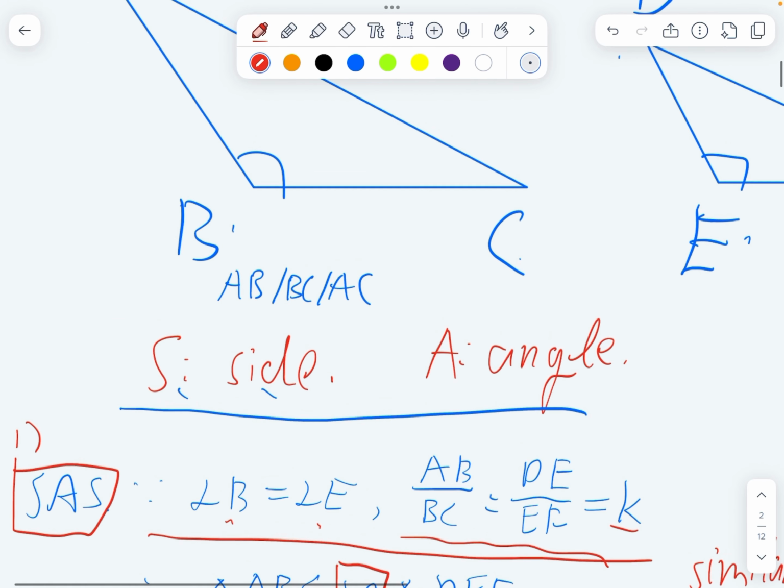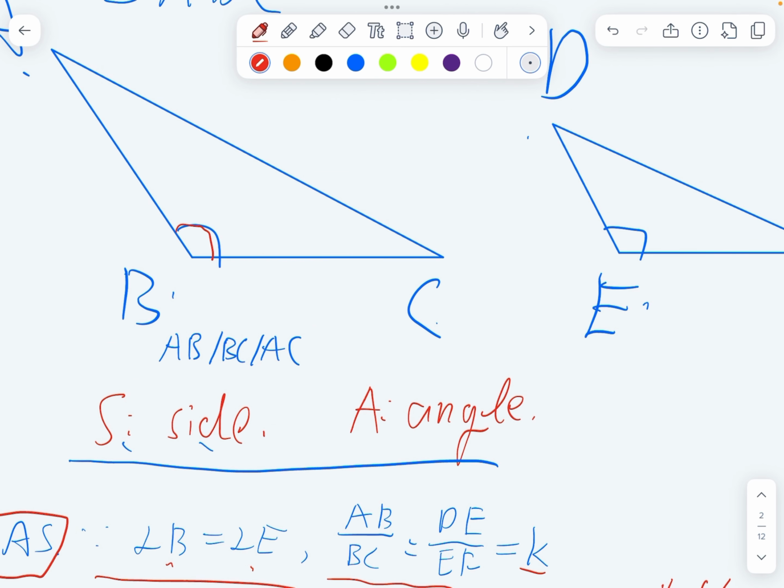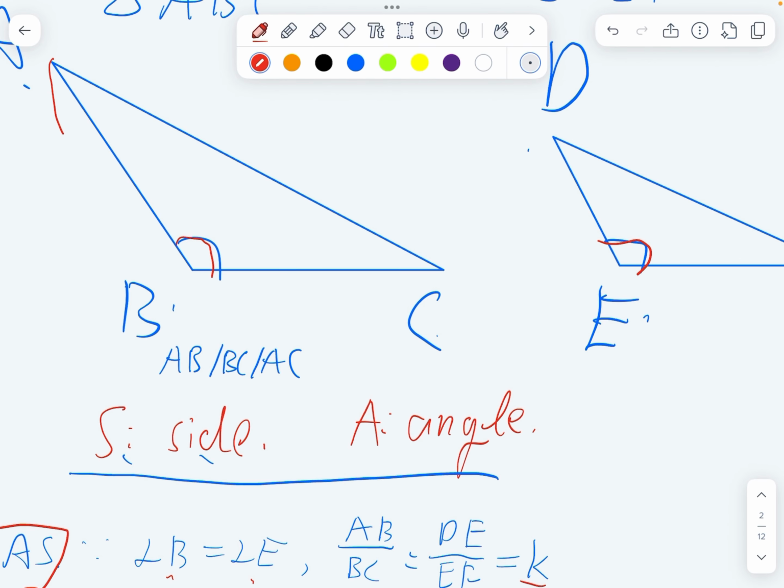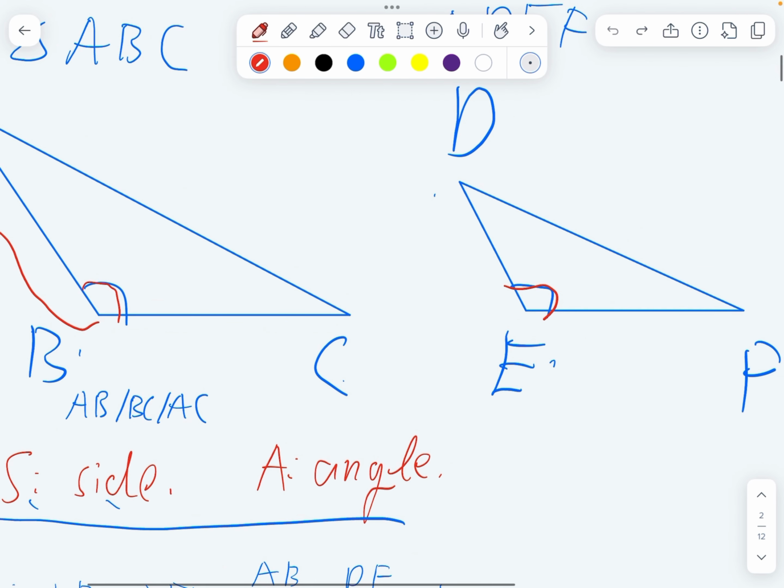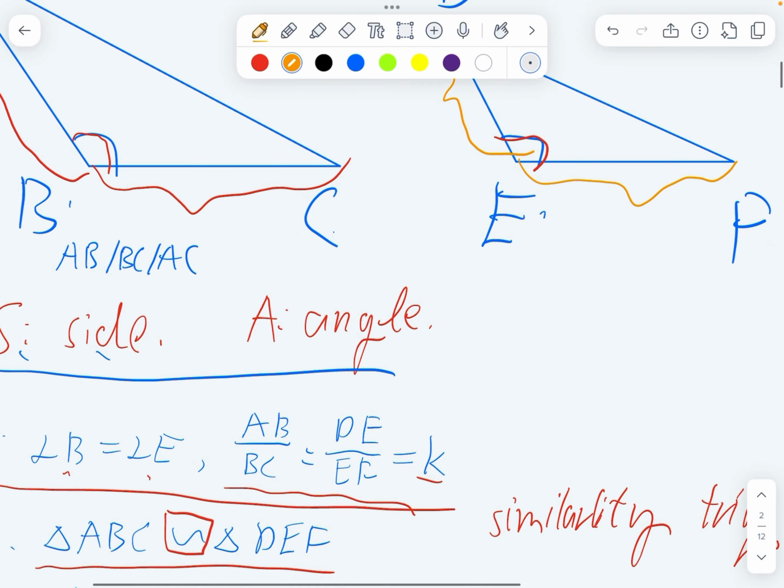That means there is one pair of equal angles, and AB over DE and BC over EF are the same value, like 3 over 5 equals 6 over 10.